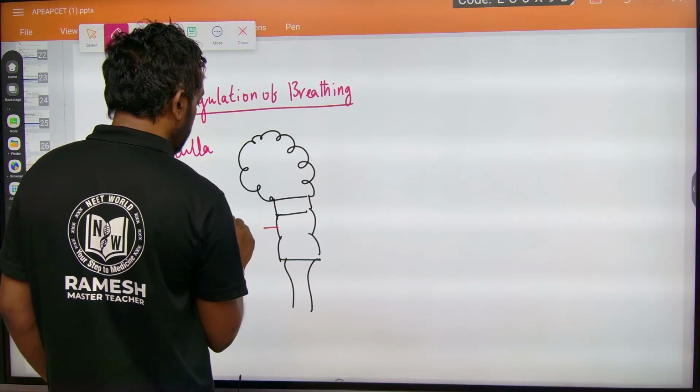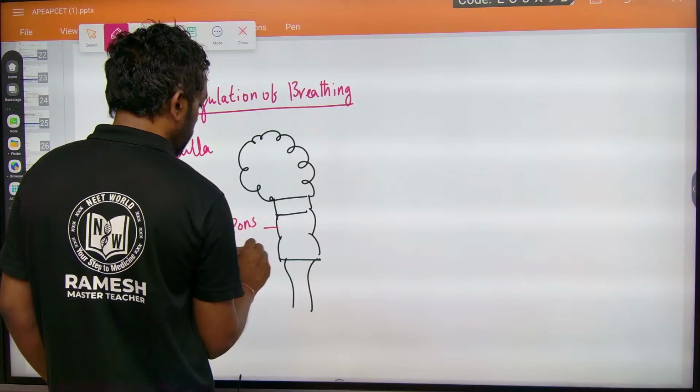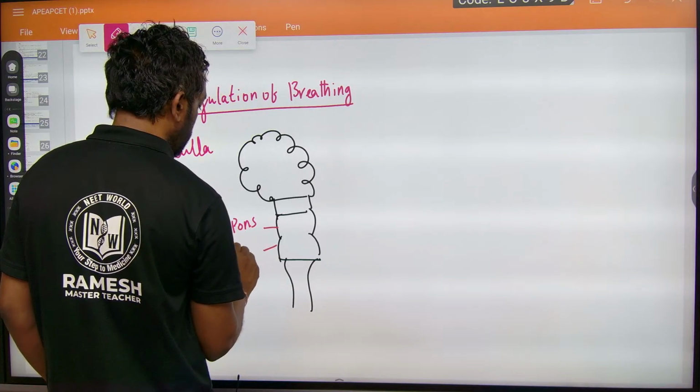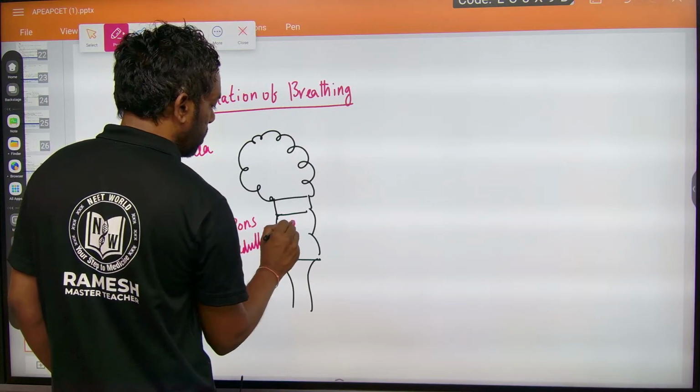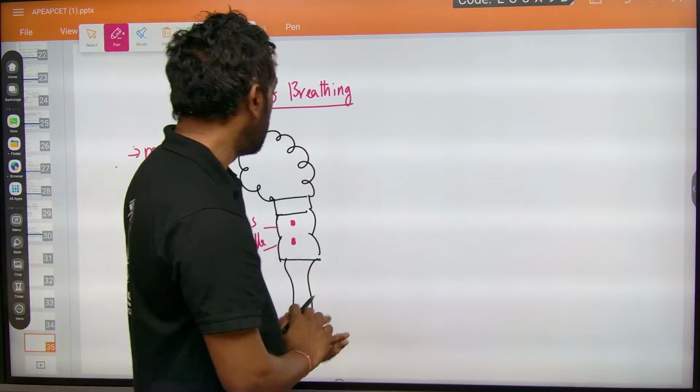This is the pons, this is the medulla. There is a neural center.